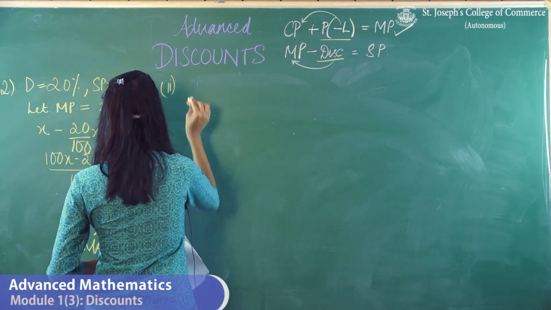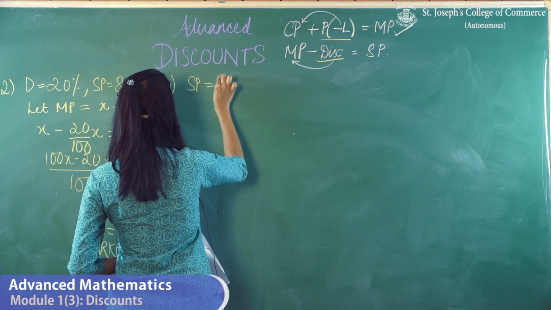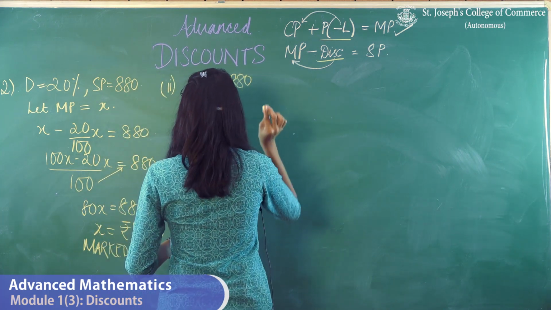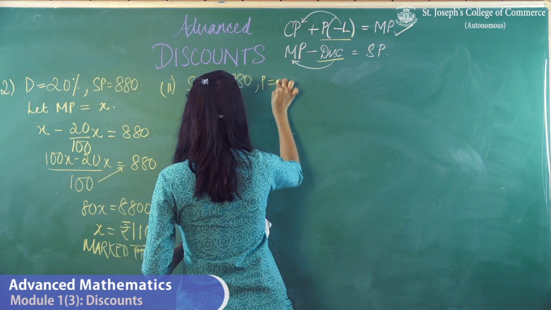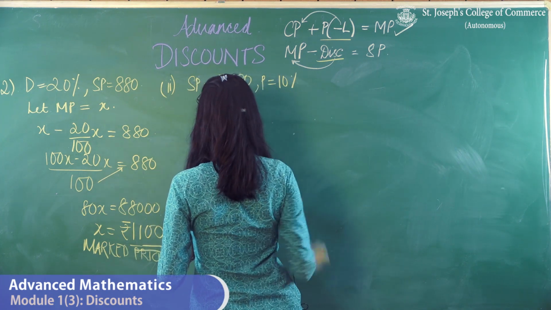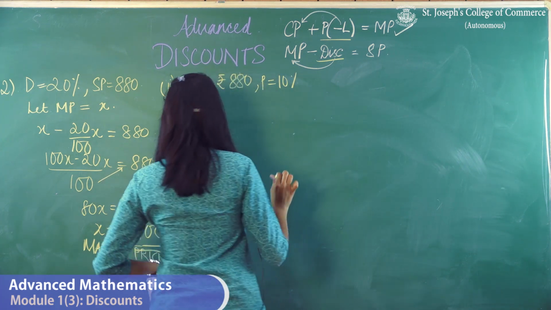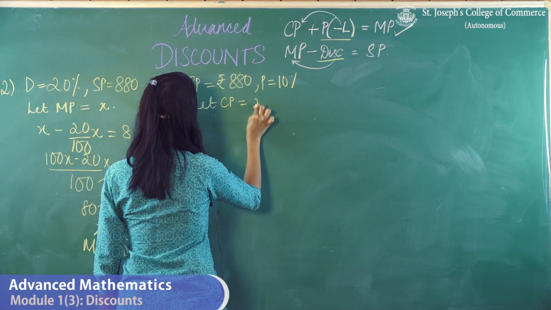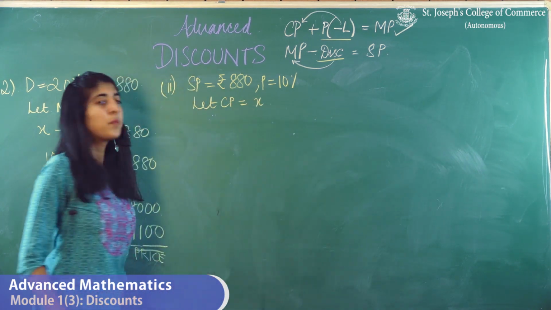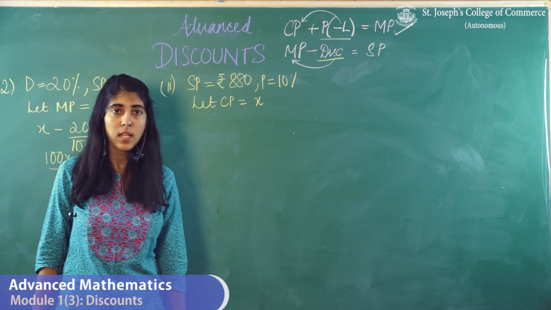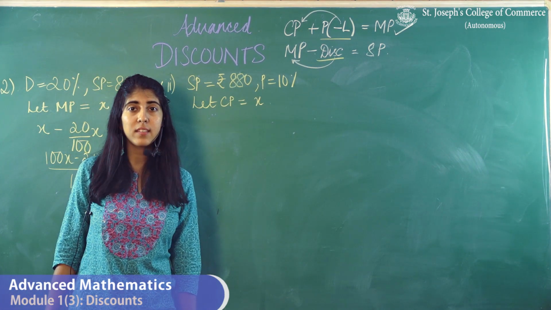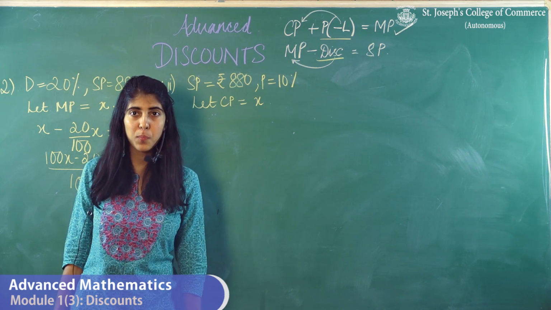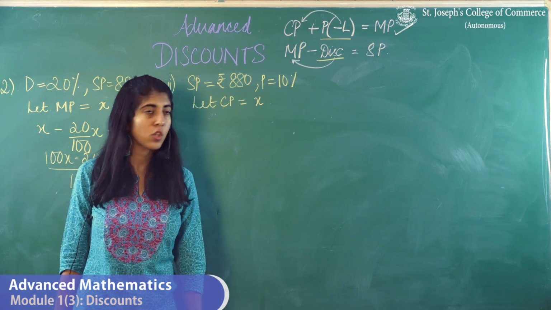So now let's write the second part of the question. The information we have is that the selling price is the discounted price, that is 880, and the profit is 10%. Now, let us assume the cost price to be X. We have studied this in profit and loss, that selling price is equal to cost price plus profit percentage or cost price minus loss percentage.